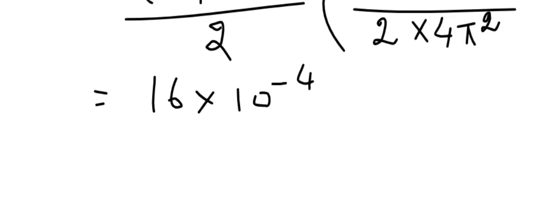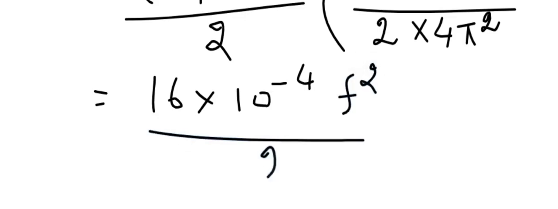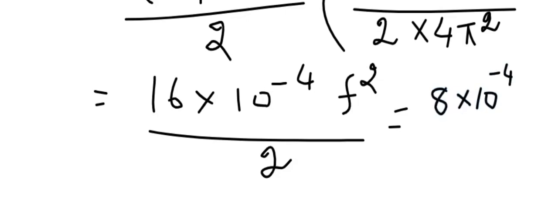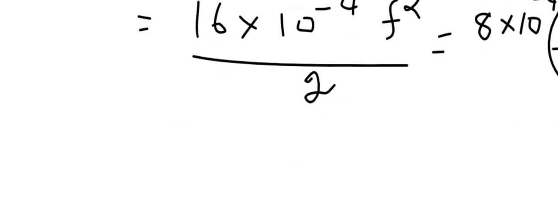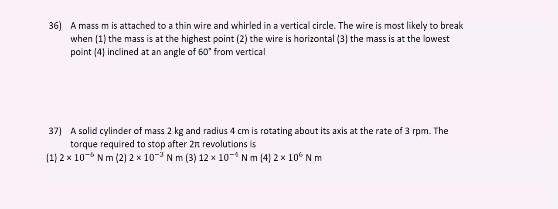So it is now going to be f squared by 2, which is equal to 8 into 10 to the power of minus 4 into (3 by 60) the whole square, which is nothing but... we have taken f as the frequency, which is given by 3 rotations per minute.